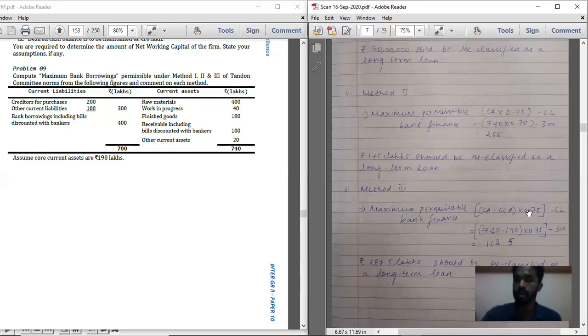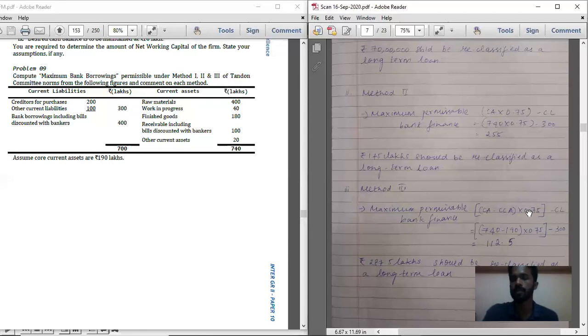So 740 minus 190 into 0.75, that is 412.5, 412.5 minus 300. So below that is equal to 112.5 lakh.